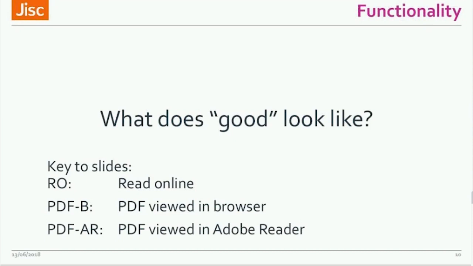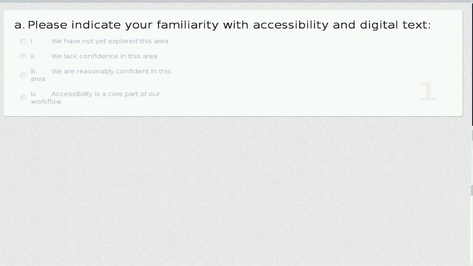I'm going to take you through some examples of good. What I'm going to do first is this little survey. I think you should see on your screen now, and perhaps if somebody could pop in the chat pane, can you see a poll asking about your familiarity with accessibility in digital texts?